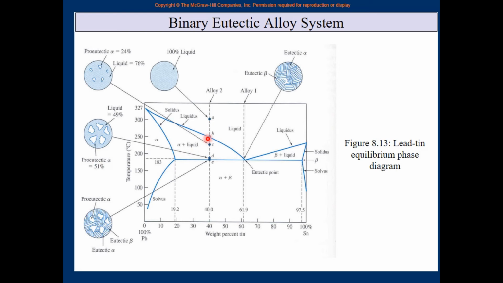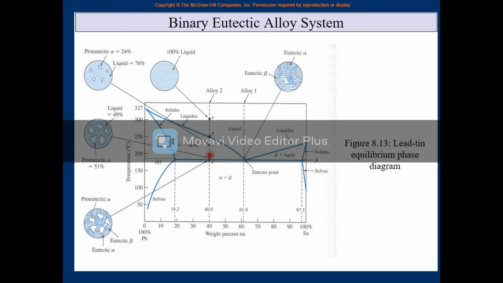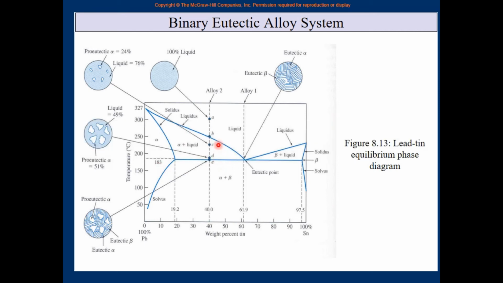So whatever alpha we have here or here or here is pro-eutectic alpha, alpha that is formed above the eutectic temperature. If the eutectic temperature is 183 Celsius, then at 200, 250, whatever solid is formed, that solid is pro-eutectic alpha.